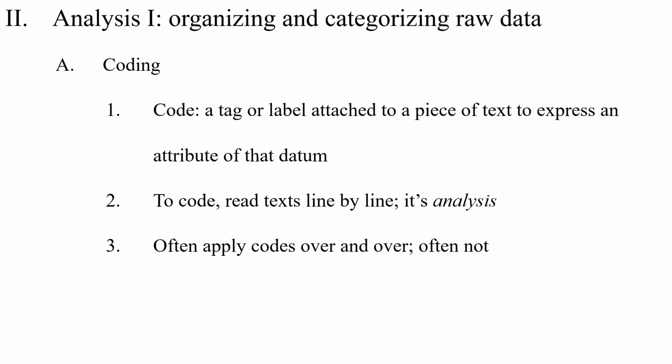Coding. So what is a code? A code is a tag or a label attached to a piece of text to express an attribute of that datum. A piece of text, a datum. So let's say you're doing research on COVID-19.